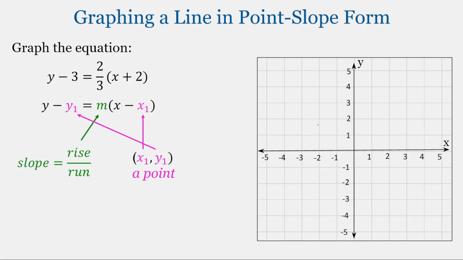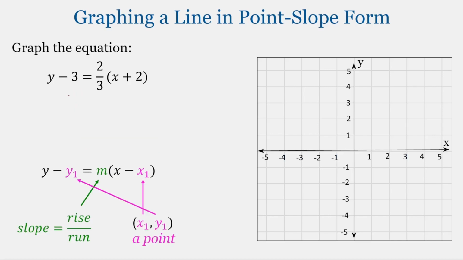from the slope-intercept form. So let's rewrite this as y minus 3 equal to 2/3, and then we'll get rid of this addition. This is x minus a -2. Because in this point-slope form, we're subtracting our x-coordinate, and we're subtracting our y-coordinate.